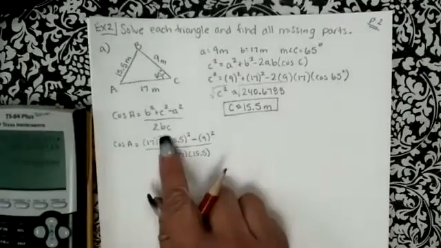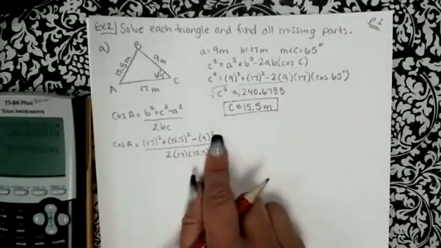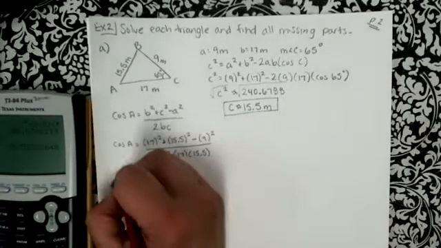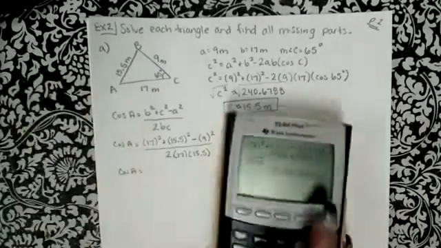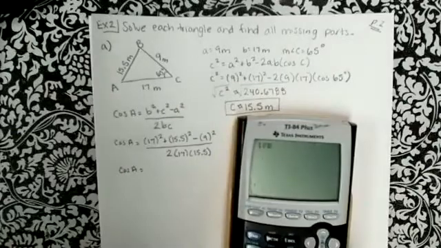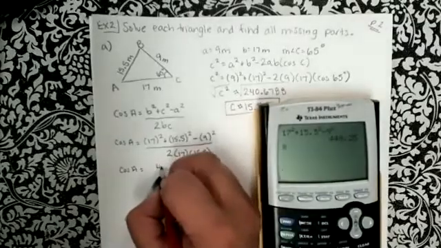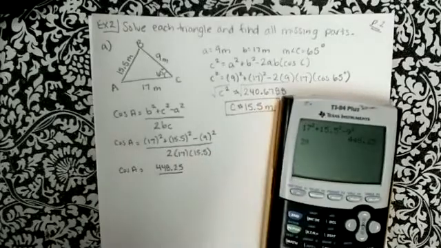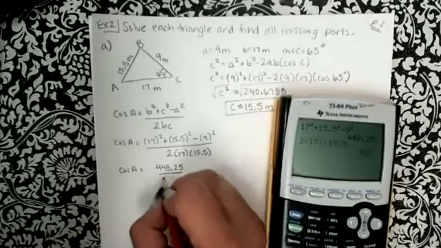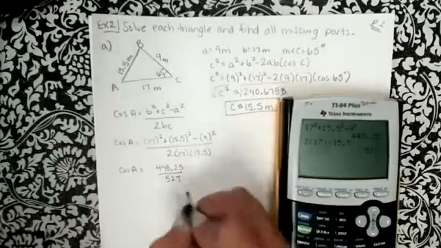On this one, I'm going to square each number and work out the top and then the bottom. So 17 squared plus 15.5 squared minus 9 squared is equal to 448.25. And then 2 times 17 times 15.5 is equal to 527.